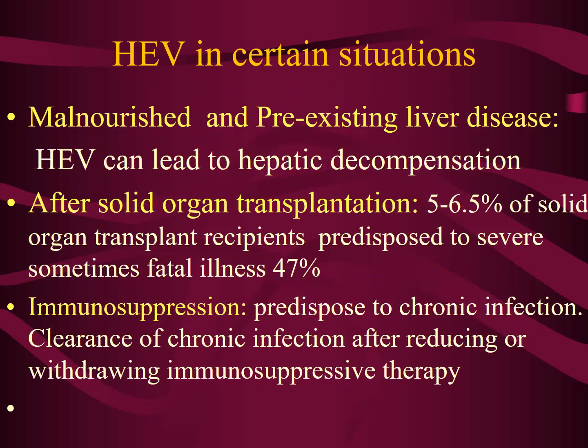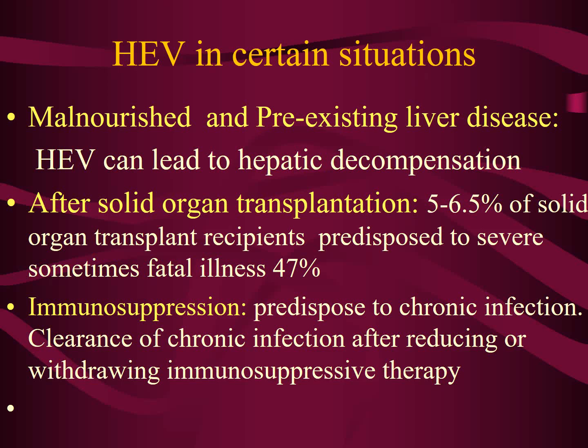Hepatitis E virus in malnourished patients and those with pre-existing liver disease can lead to hepatic decompensation. Therefore, any patients with cirrhosis or chronic liver disease due to hepatitis C or hepatitis B virus should take care regarding the source of infection mentioned before.